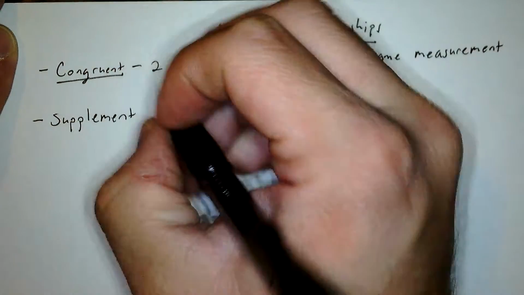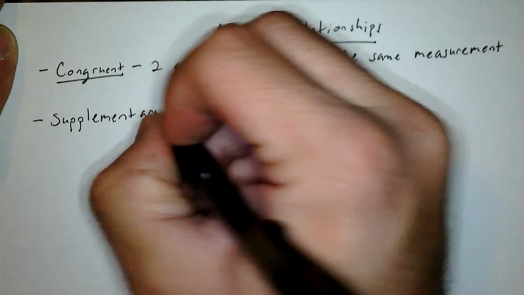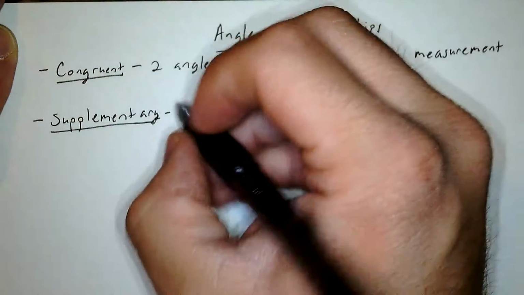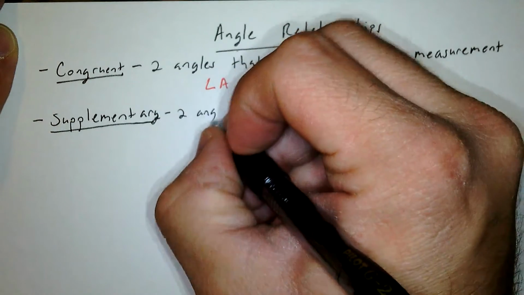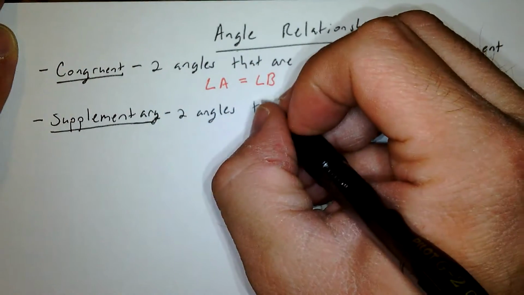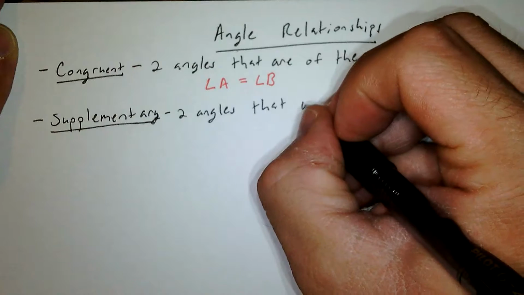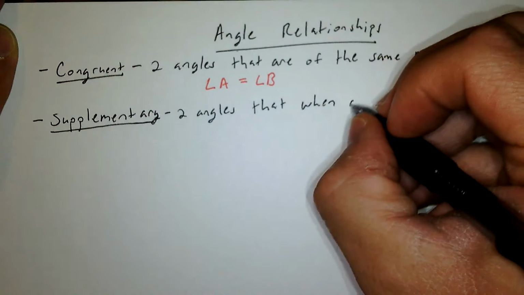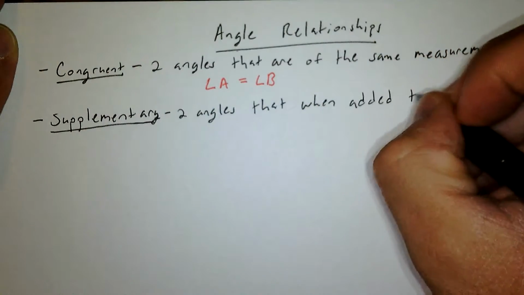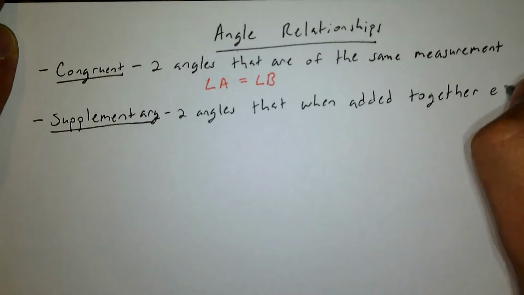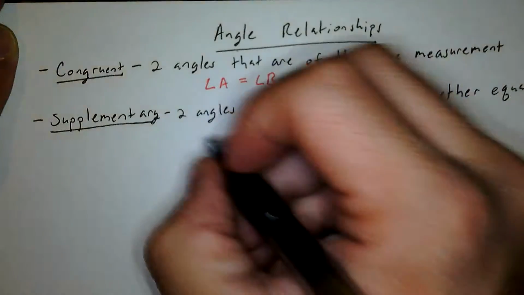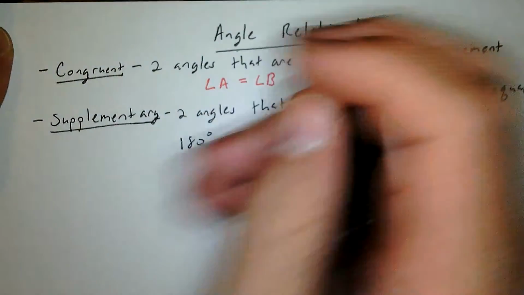The next one we're going to have is supplementary. Supplementary meaning two angles that, when added together, equal 180 degrees.